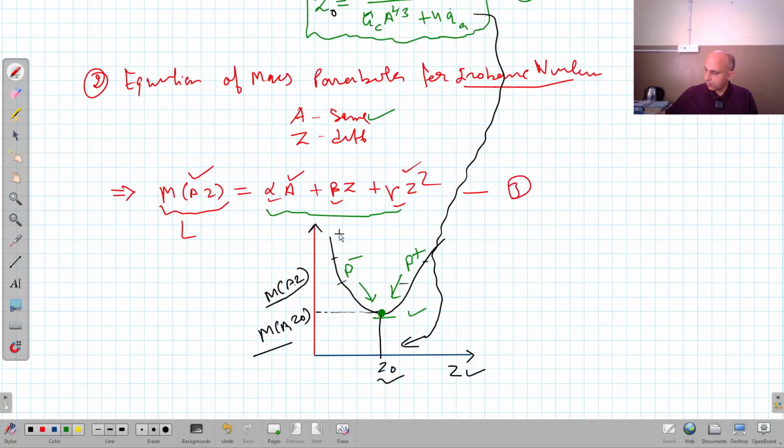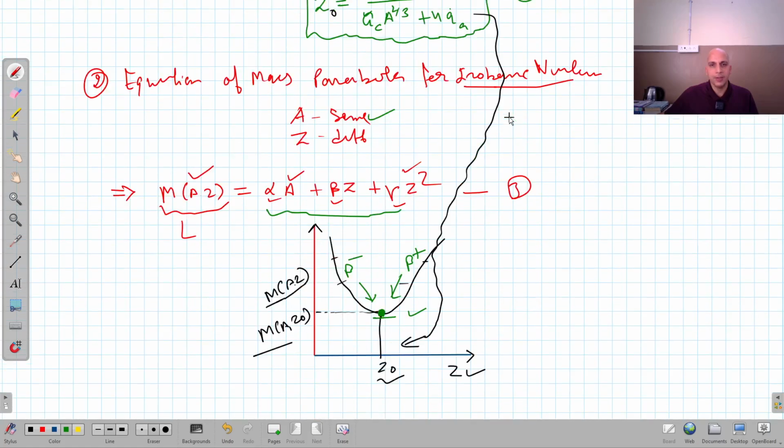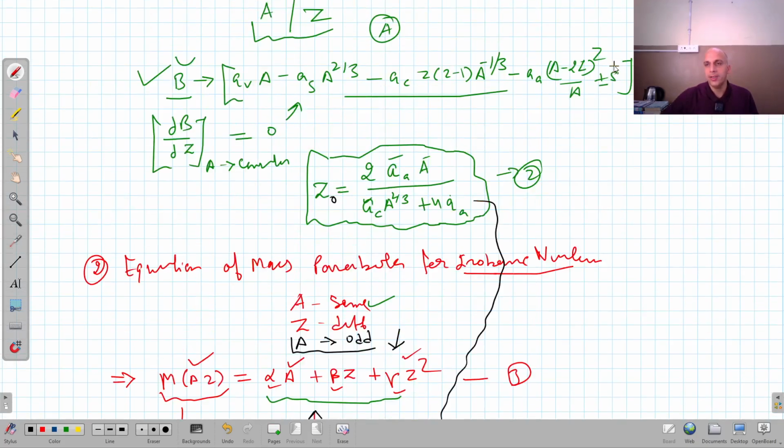One thing that I forgot to tell you in the beginning: this condition, M(A,Z) is equal to alpha A, beta Z, gamma Z square, has been derived from here. But the thing that we have considered is the case of odd A. This condition is for odd A nuclei, and we know very well that for odd A nuclei this term is equal to 0.